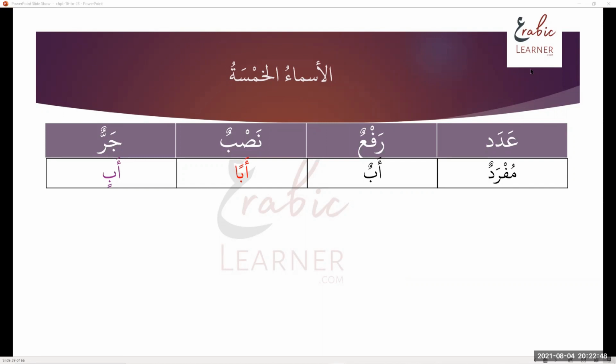If I want to say 2 fathers, how will you say in the halat of rafa? I will say abawani, because this is part of i'rab, ani, abawani.